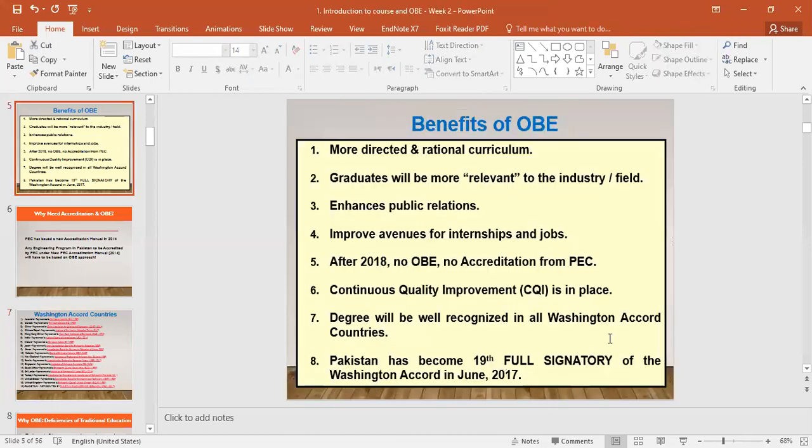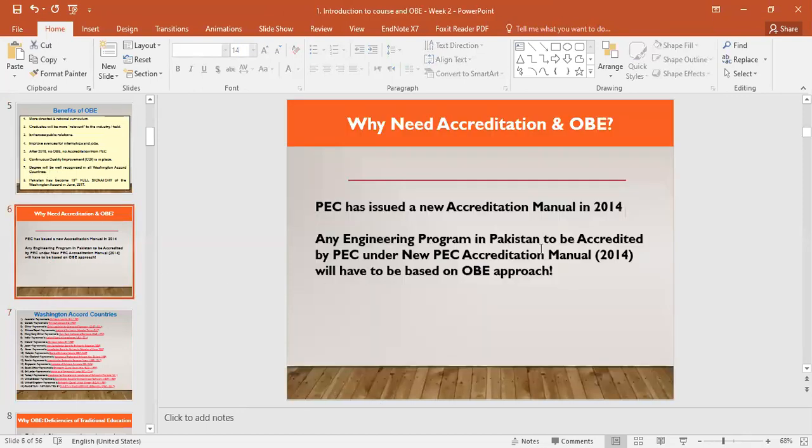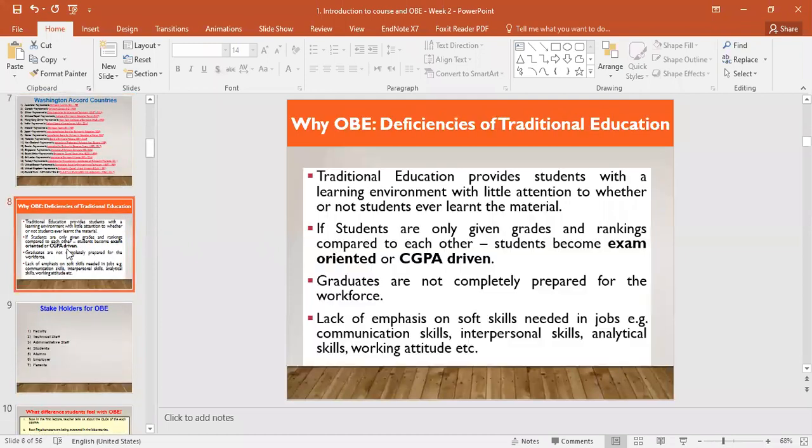Pakistan became the 19th full signatory of the Washington Accord in 2017. So traditional education provides students with a learning environment with little attention to whether or not the students have learned the material.